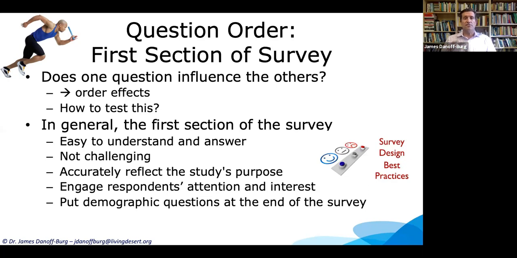The easiest to understand and answer questions, the not challenging ones, at the beginning, and then put them in an order that makes sense from a person talking to another person, where you're trying to build that trust, build that social bond, build that social contract that we have with the participants in our surveys. Put the heavier questions, the ones that may be more socially challenging, towards the end of the survey, and then put the demographic questions at the end of the survey.